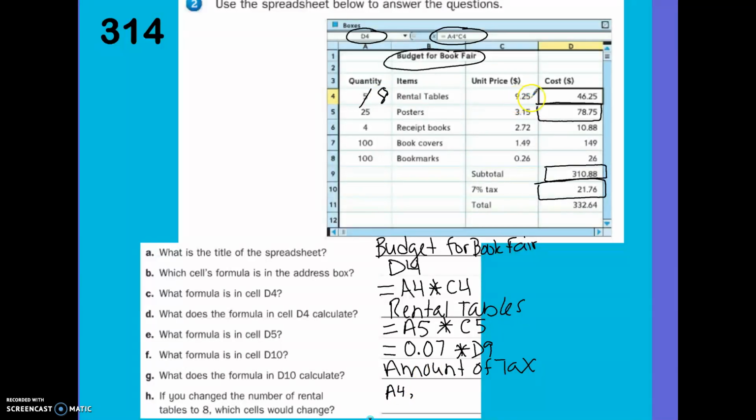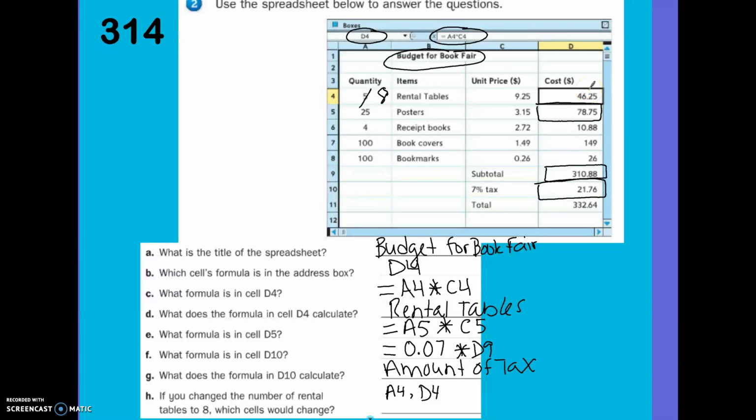A4, it's also going to change D4, because now my cost is going to be higher because I'm getting more tables. Notice that it's not changing anything in the unit price, because however many rental tables I want to get is fine, but that unit price is going to stay the same. The total cost in D4 is going to increase because I am now getting more tables than I previously was.